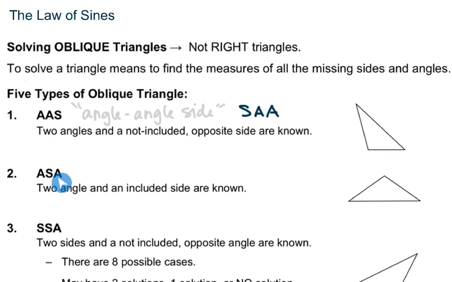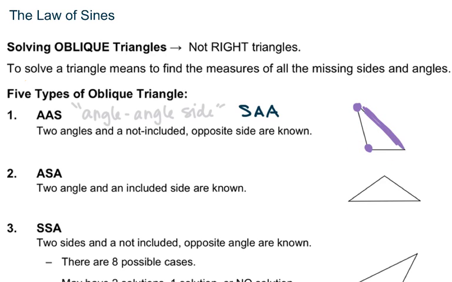Okay, so here we have angle, side, angle. Here that side is not in between, it's on the outside. So what does that look like in a picture? So we might know, say, an angle and an angle, and then a side that is not between them. So over here we've got a non-included side.